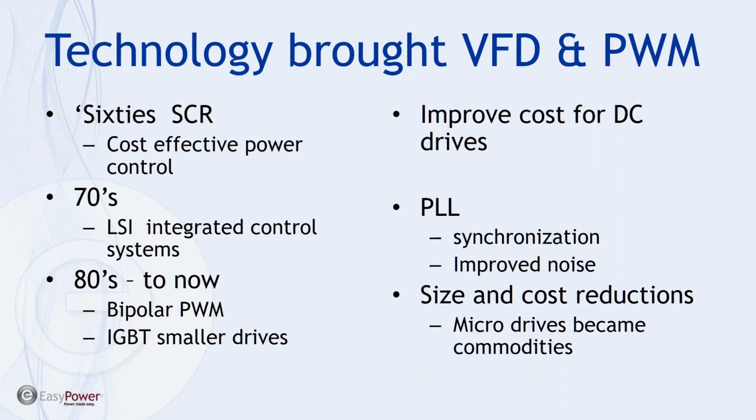Well, at the same time, technology came of age, and in the 1960s, silicon-controlled rectifiers became cost competitive to be considered as drives for DC motors by rectifying the AC current.